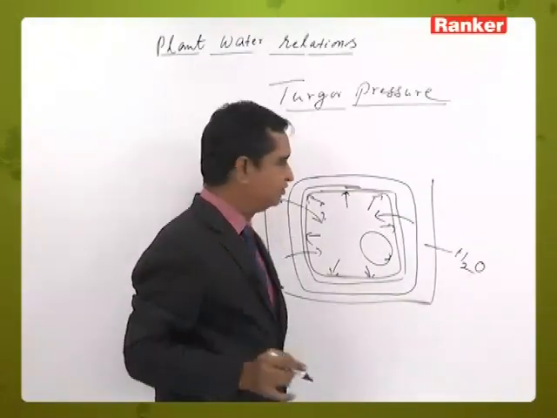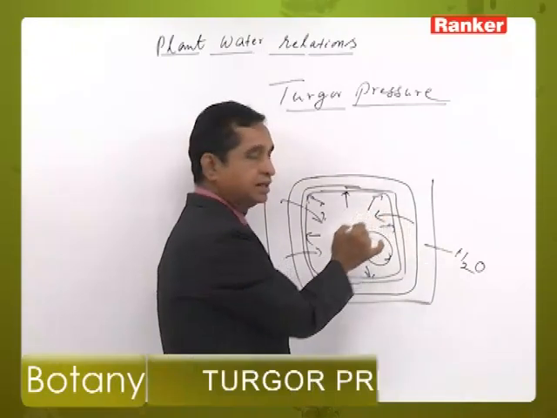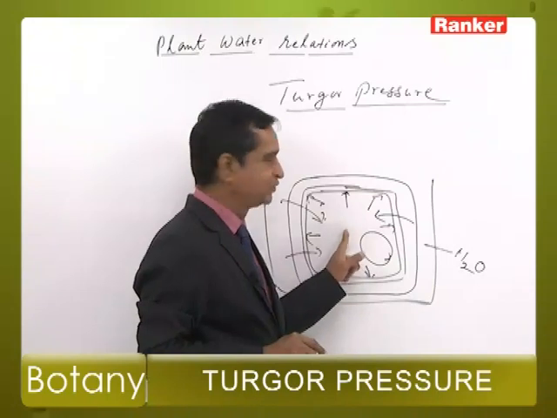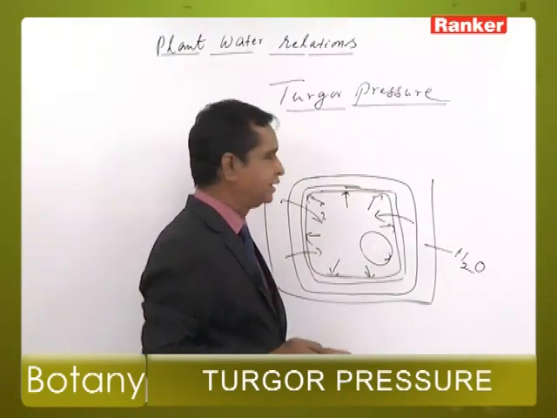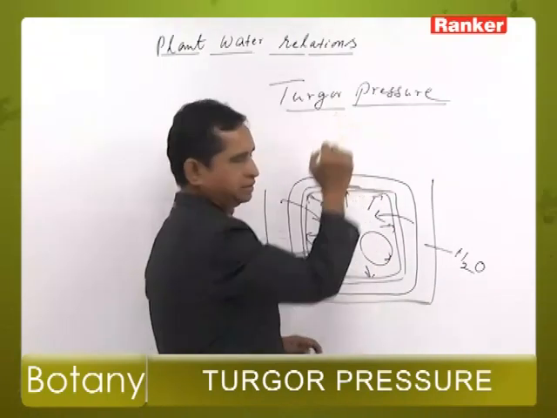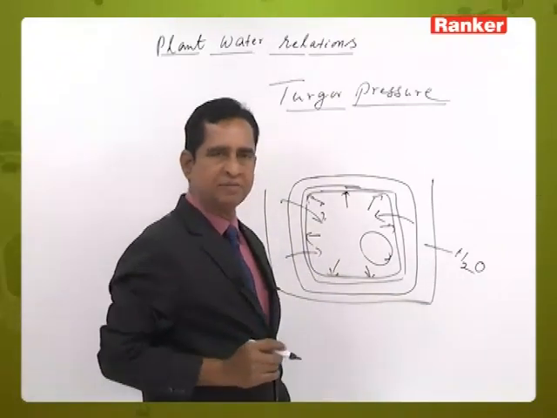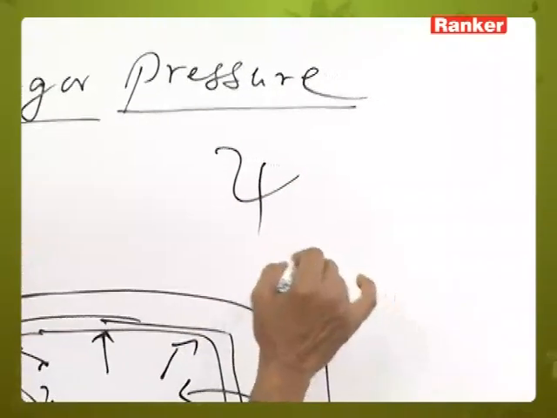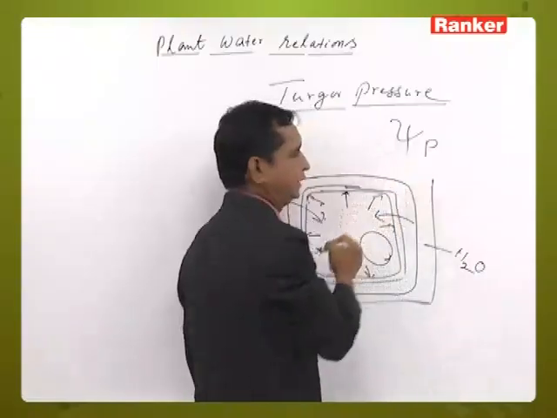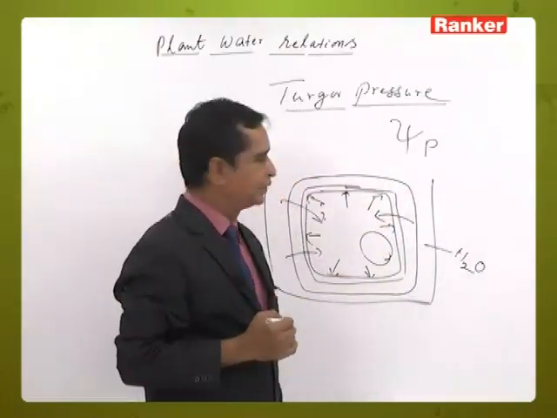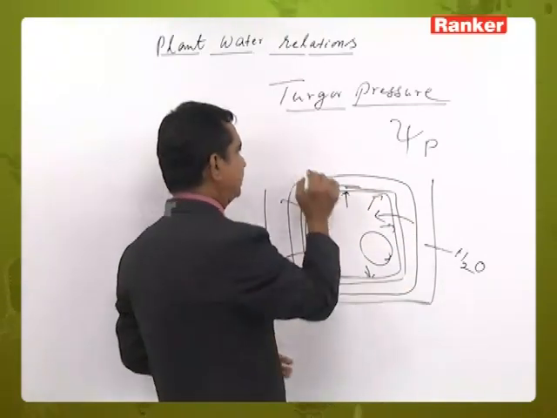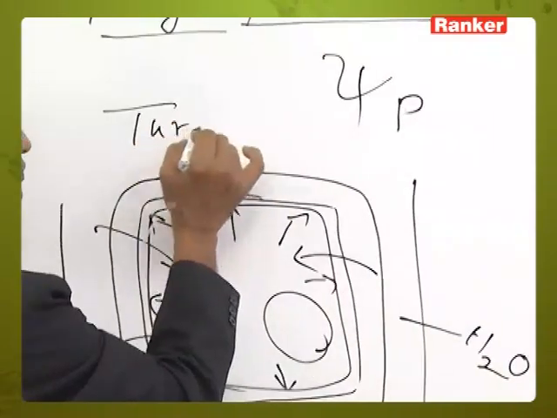It is because of the pressure exerted by the cell solution. That pressure we call Turgor pressure. Turgor pressure is denoted by a symbol psi p. Now, this cell is said to be a turgid cell.